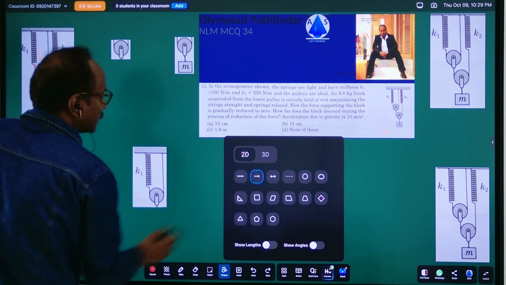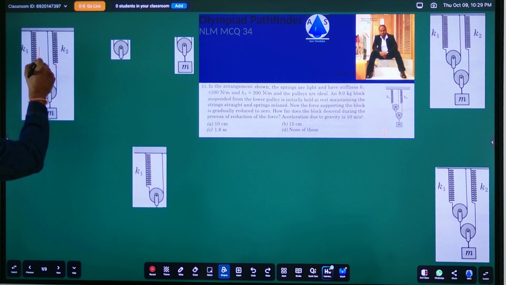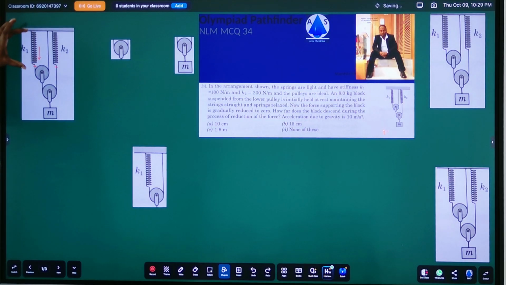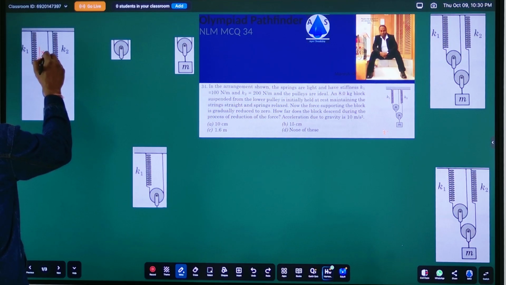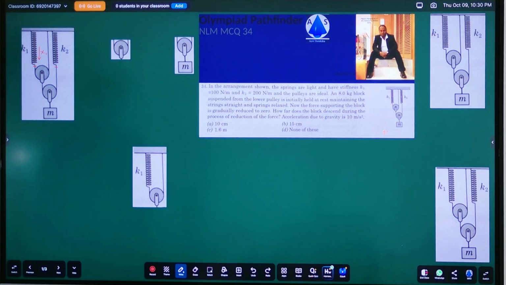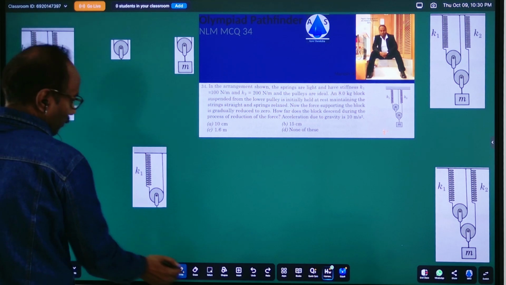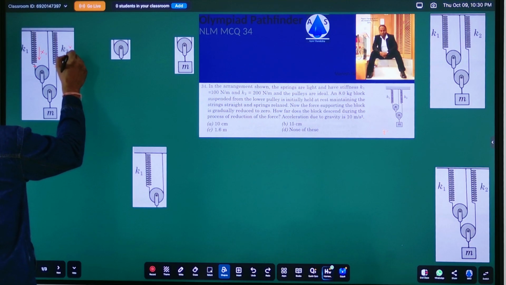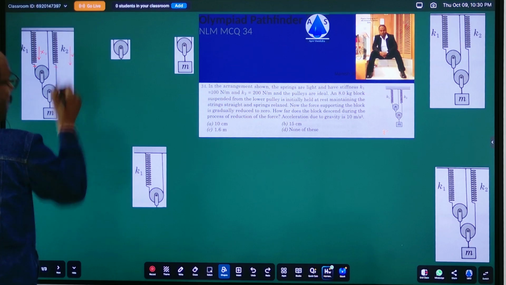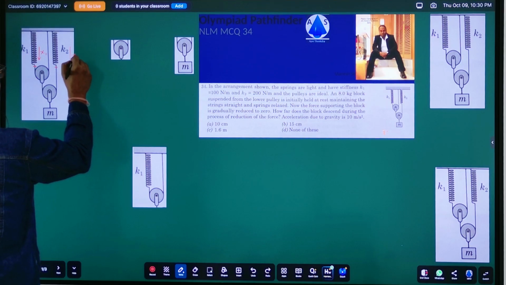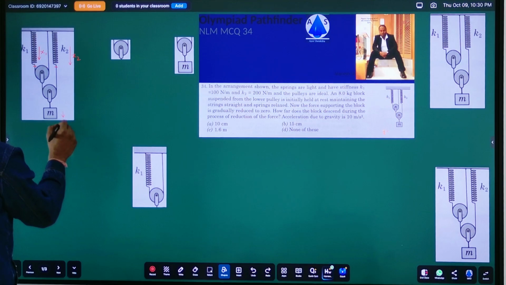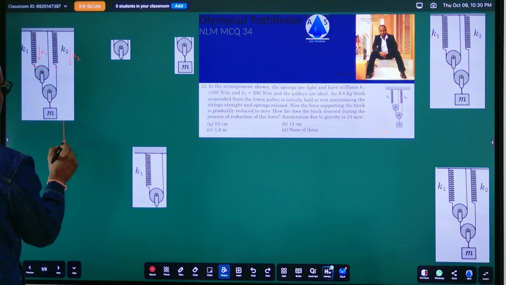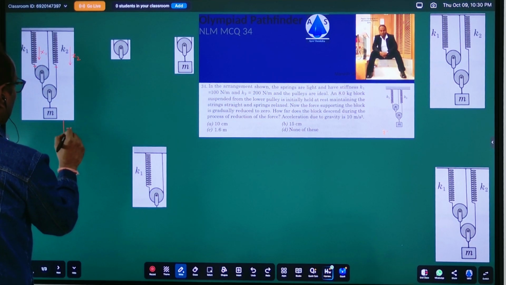So let us say that extension in spring 1 was x1, extension in spring 2 was x2, and the maximum descent of block M is x.